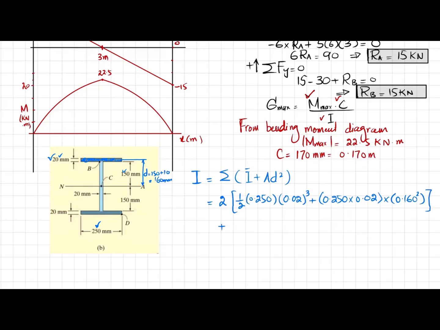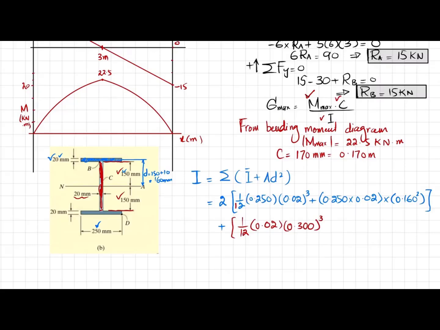Plus we have the middle portion. Now you can see the middle portion is this web one, and its moment of inertia will be equal to 1 over 12. This is 1 over 12, not 1 over 2. Okay. So 1 over 12 B. Its breadth is, you can see, 20 millimeter. So 20 is 0.02, and its total height from this till this is 150 plus 150, which is 300, and that will be equal to 0.300 whole cube.